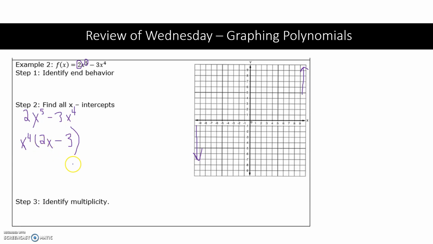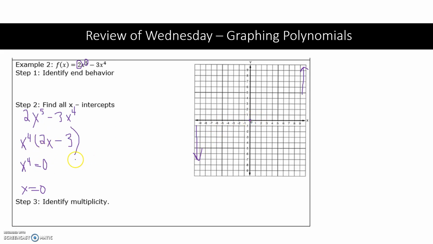So now all I'm going to do is I'm going to set both of my factors, x to the 4th and 2x minus 3, equal to 0, and those are going to be my x-intercepts. So if I set x to the 4th equal to 0, that means x is going to be 0. So that's my first x-intercept, so I'm going to put a dot at 0.